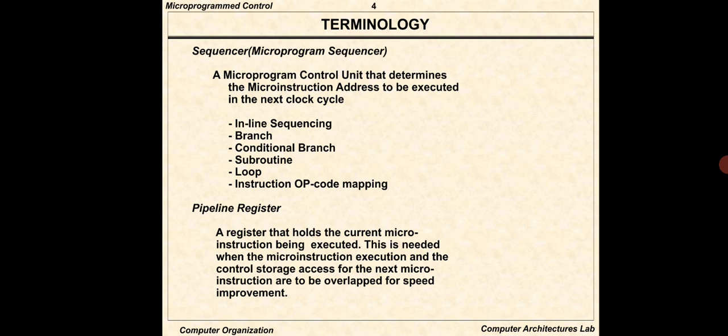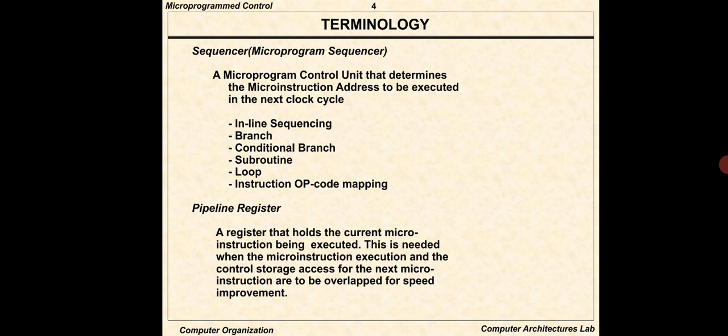What is the next one? It is nothing but your sequencer, or microprogram sequencer. A microprogram control unit that contains a micro instruction address to be executed in the next clock pulse. As we have come across the sequencing word, it gives you the information of the micro instruction address to be executed in the next clock pulse.